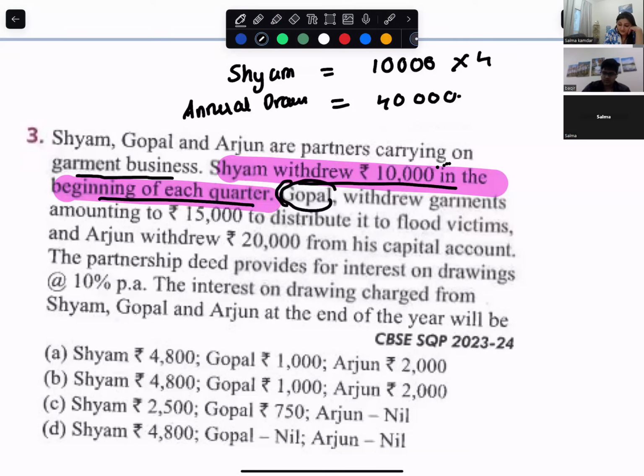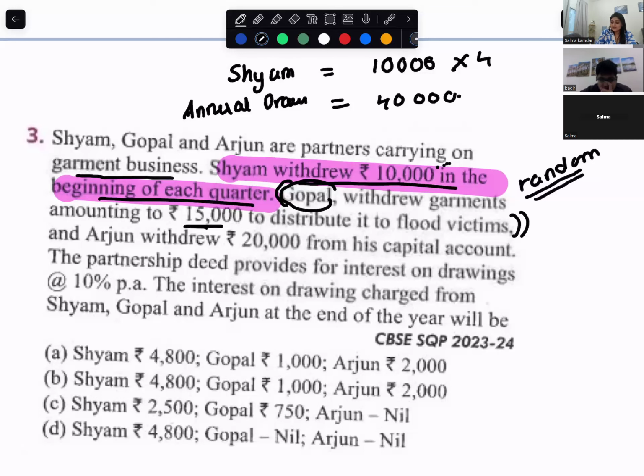Gopal has withdrawn garments amounting to 15,000 to distribute to flood victims. So is there any fixed amount during a fixed interval or is it just a random amount? It is a random amount. So it is a random drawings.